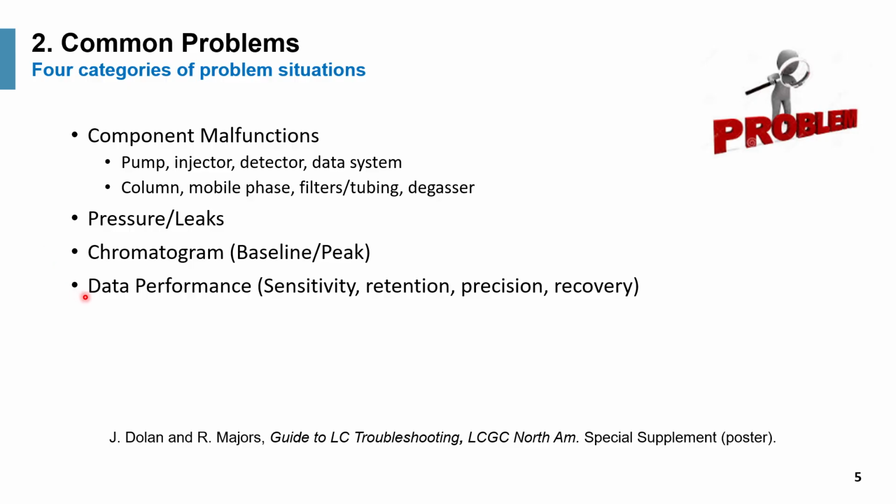Next, the third one is chromatogram, typically manifesting itself in terms of baseline noise and also peak problems. Finally, data performance problems such as sensitivity, retention inconsistency, precision, problems of peak area, and also often sample recovery situations.